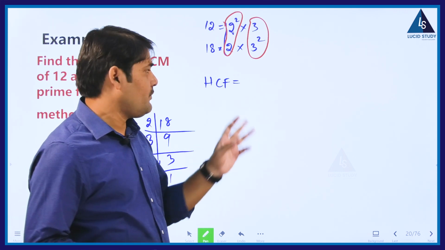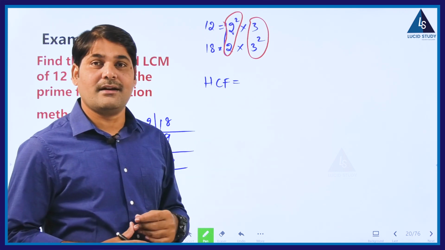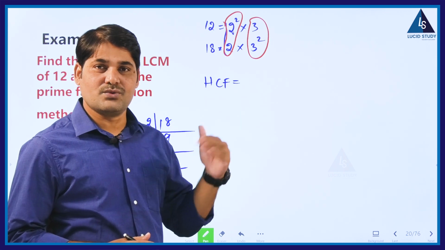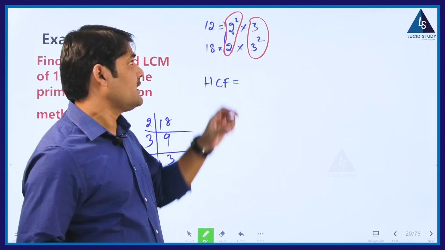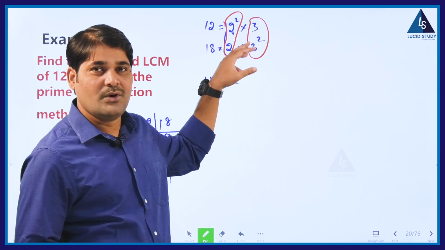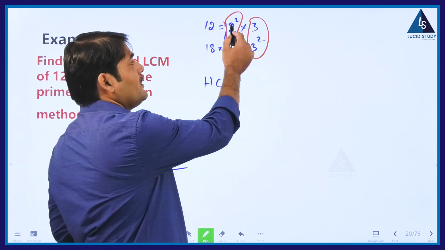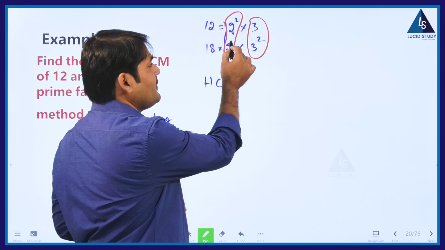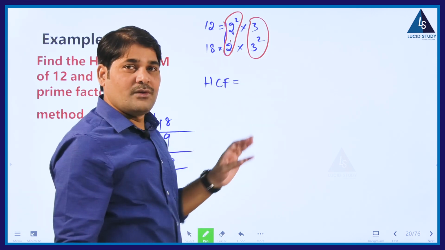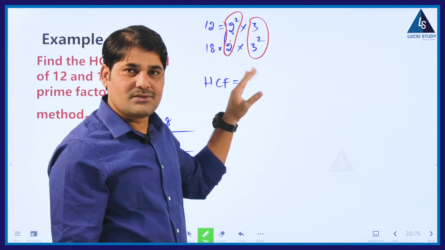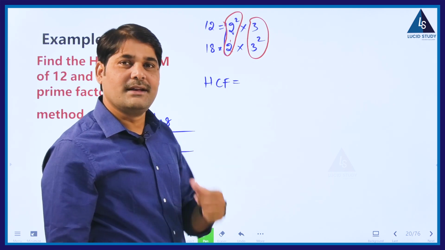Now, while finding HCF, we will take the least power of those common factors. See, here 2 is a common factor in these two. What is the least power of 2 here? Here, if you observe, 2 power 2 is there. Here, 2 power nothing means 1. So which one is the least power? 2 power 1 is the least power.